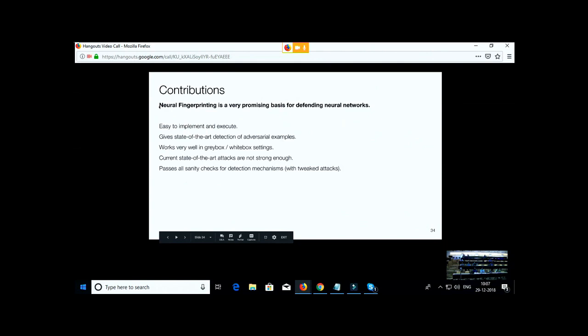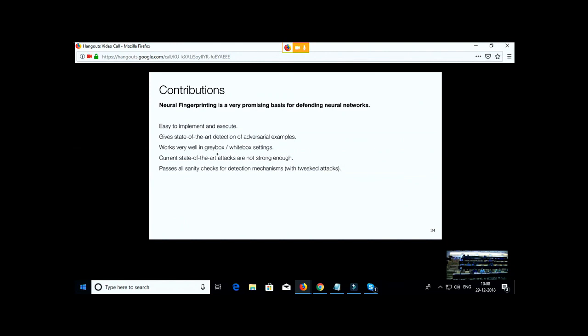And then I'll summarize what neural fingerprinting is doing. Hopefully what I showed you with the previous empirical results is that neural fingerprinting is a very promising basis for the defense of neural networks. It's easy to implement. It's easy to execute. Right now, it gives state-of-the-art detection of adversarial examples.